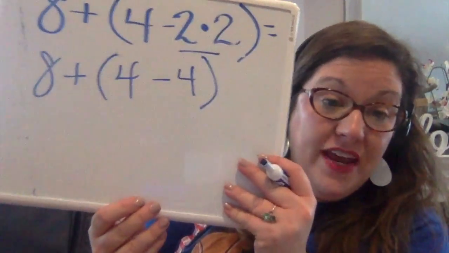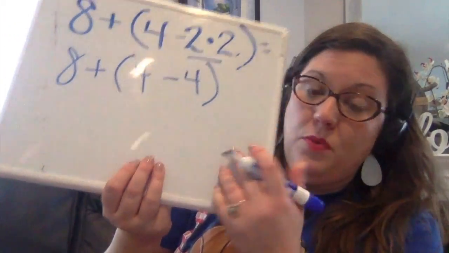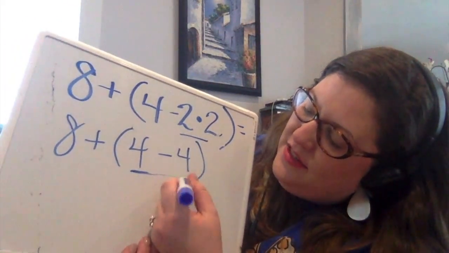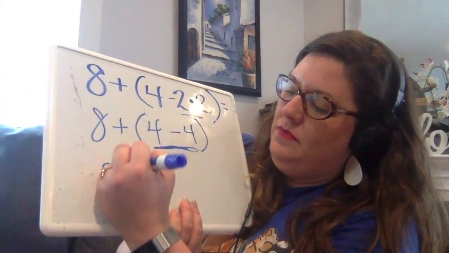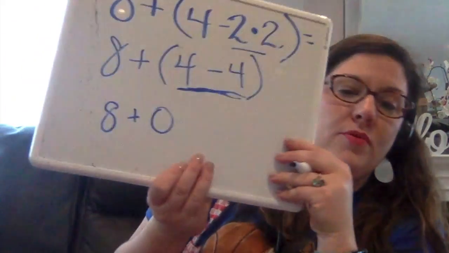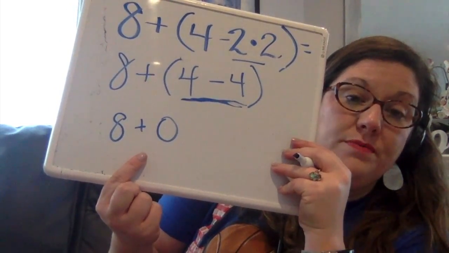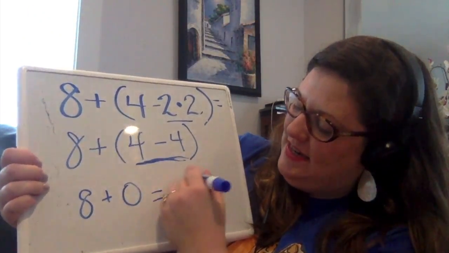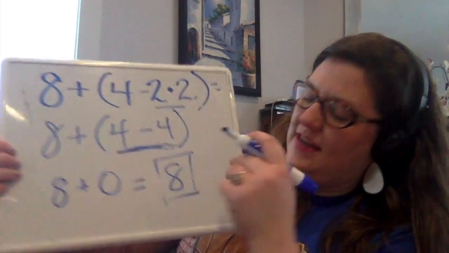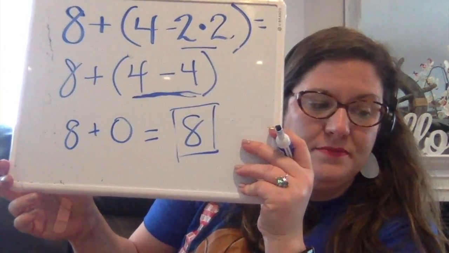Now I'm still not finished with the parentheses portion, so I'm going to subtract. 4 minus 4 is 0. So my parentheses evaluates to equal 0, and 8 plus nothing is 8. So our final answer here is 8.